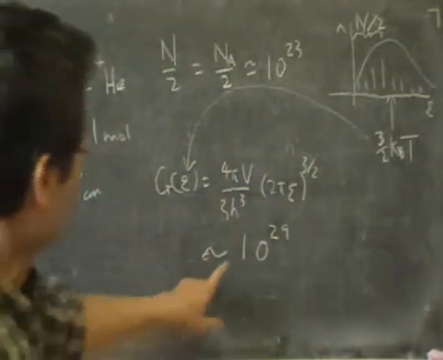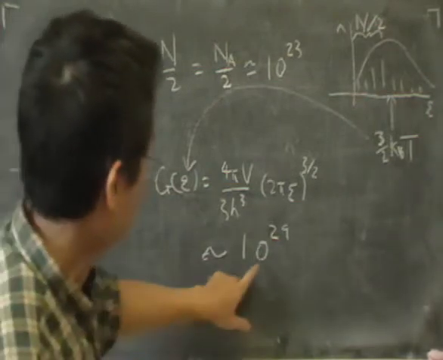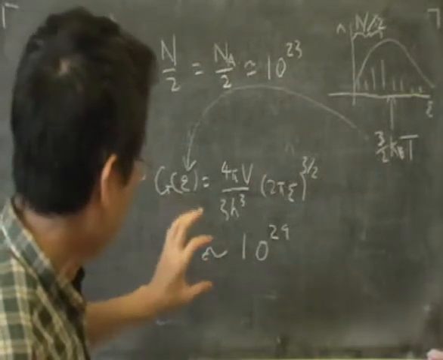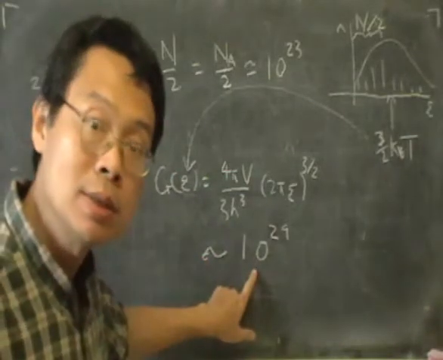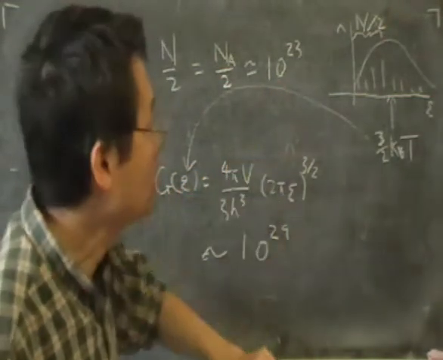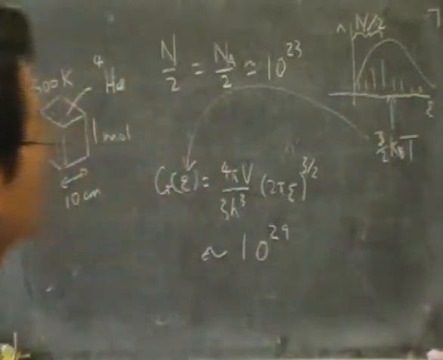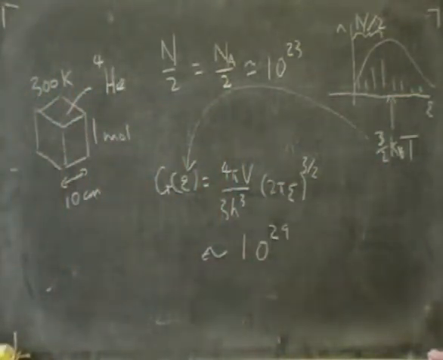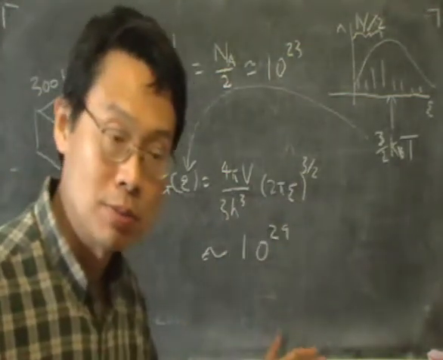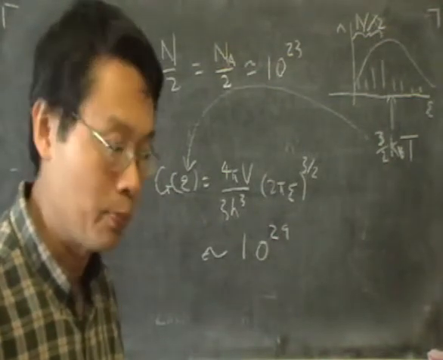Now if you look at these two, the difference is quite obvious. There are 1 million times more states than there are particles below the average energy of the particles. So we are talking about lots and lots of states, but very few particles among them.